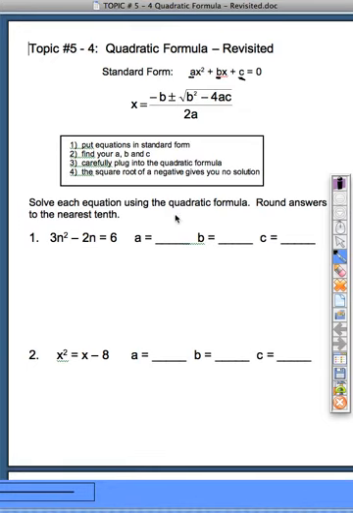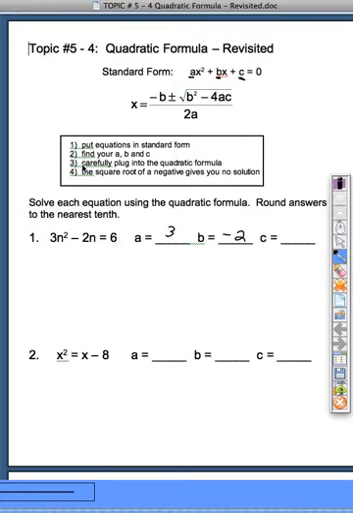So this says solve using the quadratic formula, round each to the nearest tenth. Let's do that. The first thing we want to do is figure out what a, b, and c are. In this particular problem, a is 3, b is -2, and c is, now we want to say c is 6, but look, see where 6 is?